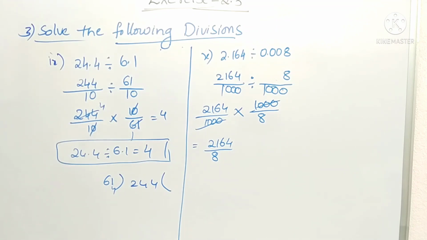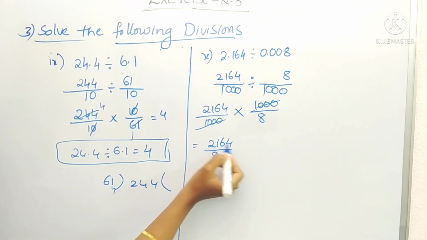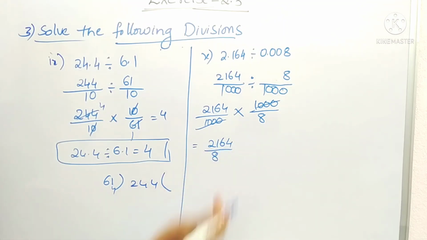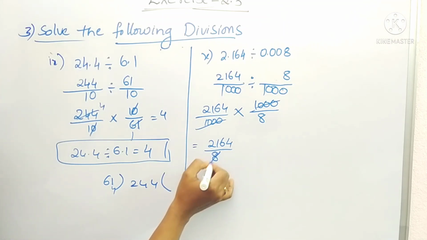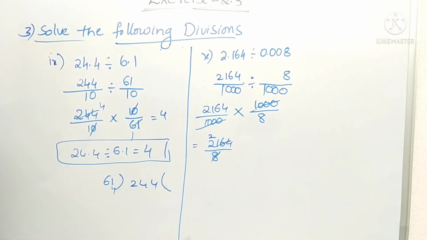If we cancel this, actually the number here does not completely divide. If you check the last 3 digits, 8 2s are 16 and 4 will be there. So do the division. 8 2s are 16, 5 will be there, it is 56.